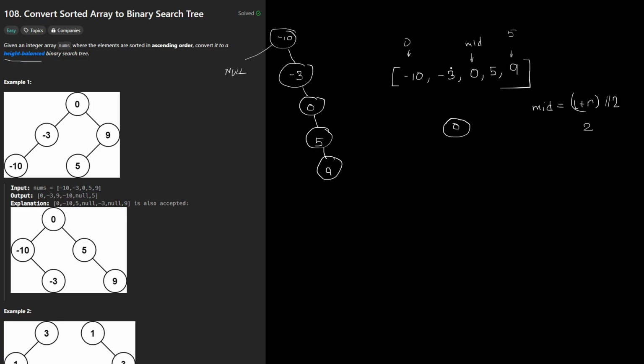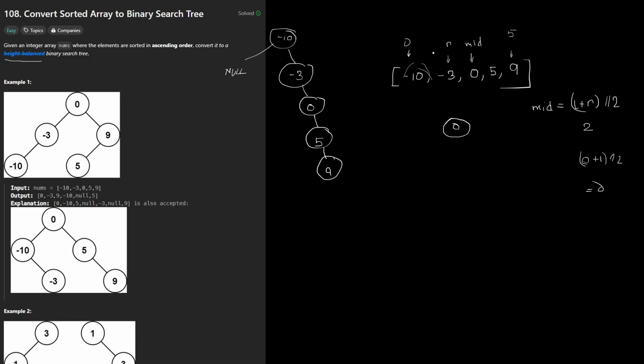Now on the left child, we are going to put our right pointer out here, and then we are going to find the mid. So it would be 0 plus 1 double divided by 2, which is basically going to be 0. So our mid in this case is going to be minus 10.